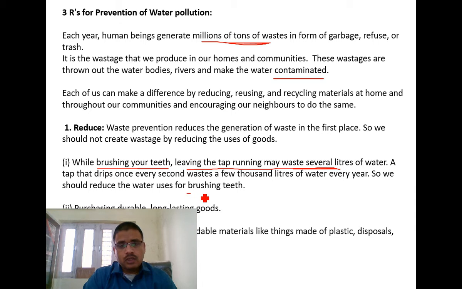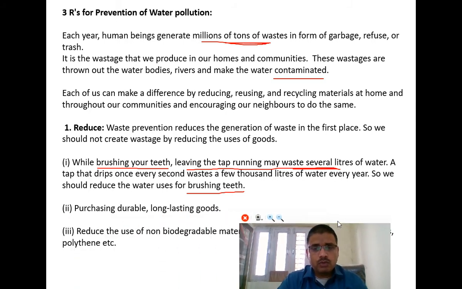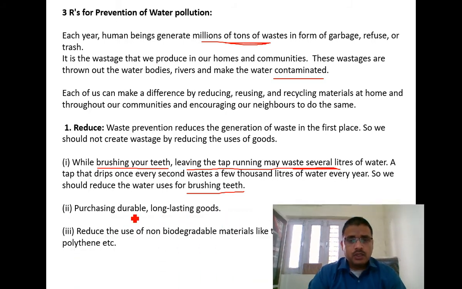Next point is purchasing durable, long lasting goods, the kind of things which can be used more and more. And reduce the use of non-biodegradable materials.